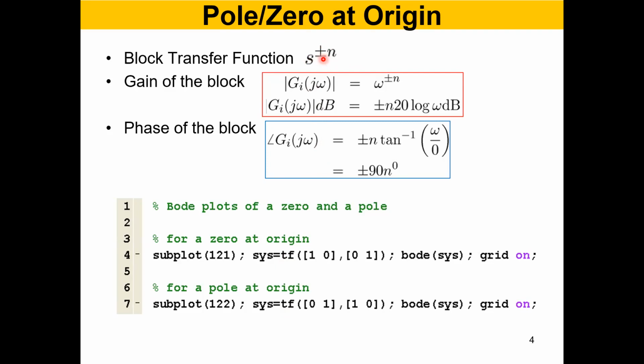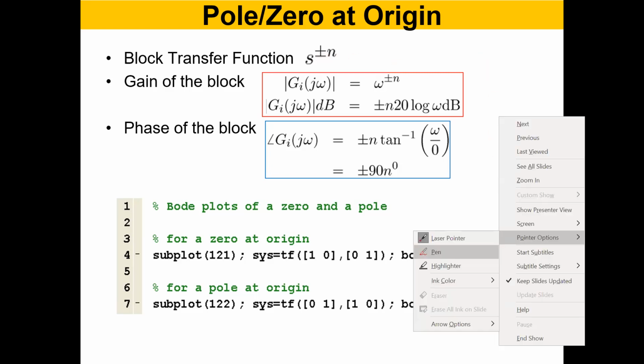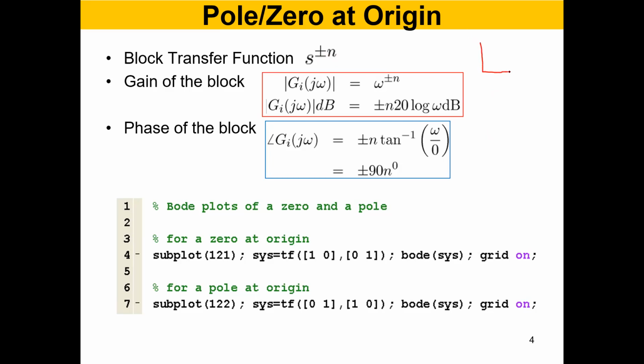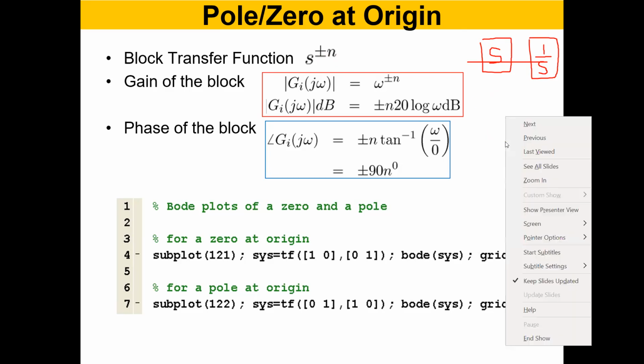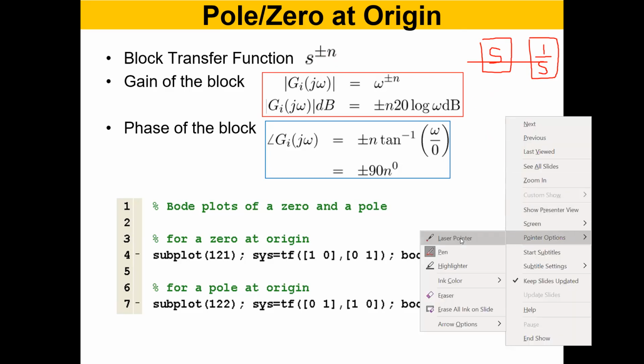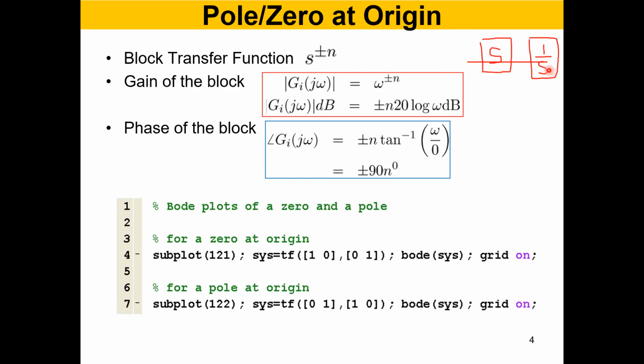It is 1 over s. So it is basically a block like this, and inside you have s, or it can be a block like this, and inside you have 1 over s. So the first one is a zero at the origin. This is a pole at the origin.